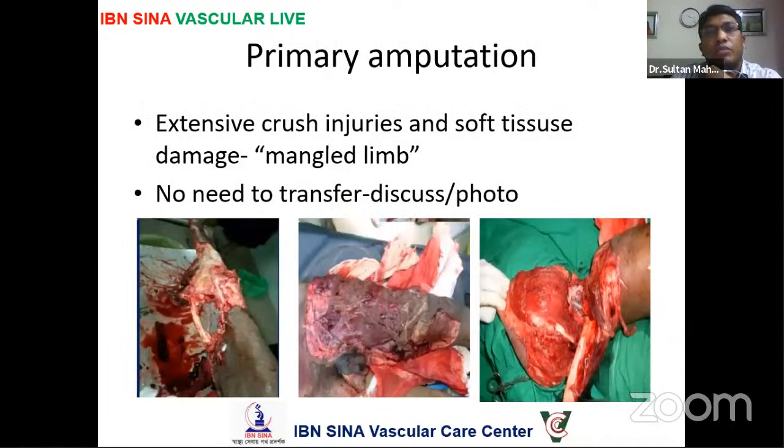Primary amputation. In case of extensive crush injuries or soft tissue damage, that is a mangled limb, we always transfer the patients to NITOR, because we do not take the opportunity to amputate here, because of transfer facilities and adequate discussion with the patients.